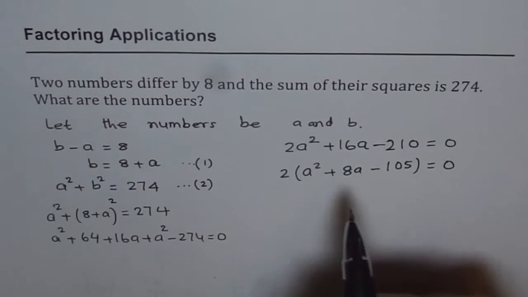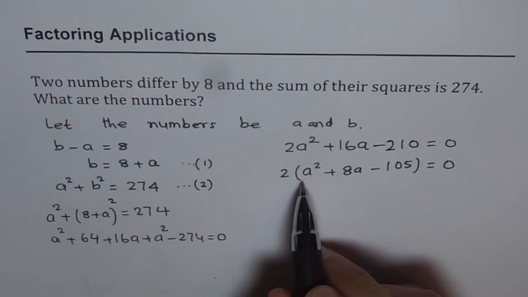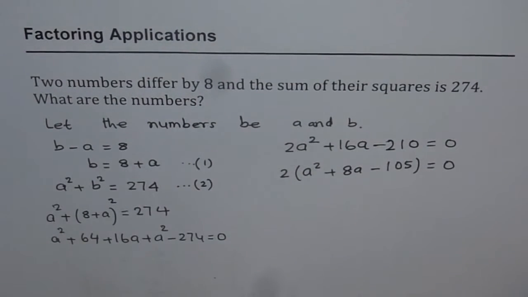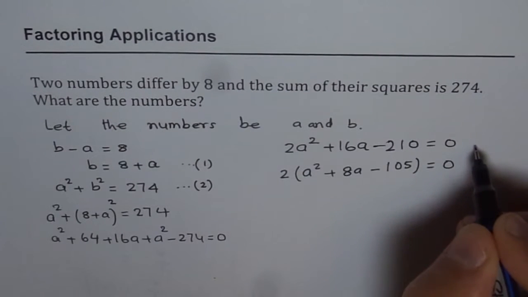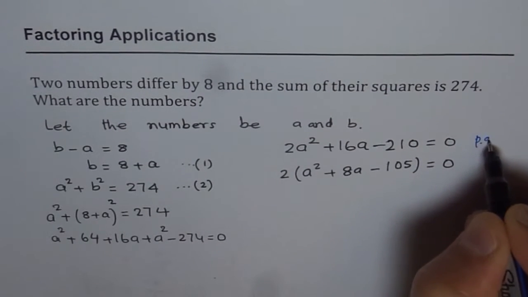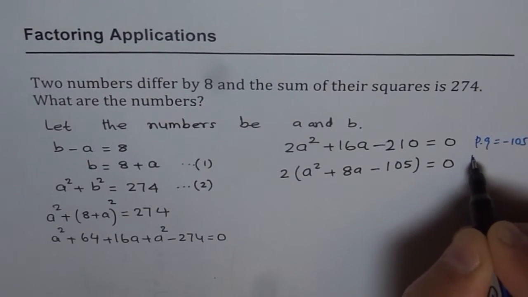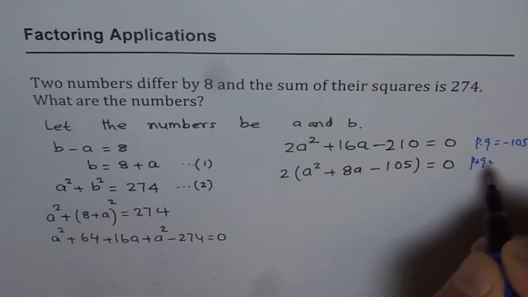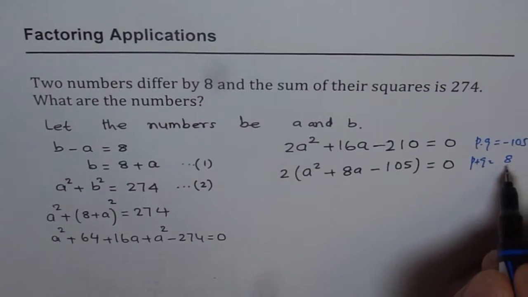Now, to factor the trinomial where the coefficient of A square is 1, we have to use product and sum, right? So we are looking for two numbers whose product is minus 105, and when you add them, you should get 8, and that too positive. So the positive number has to be bigger.